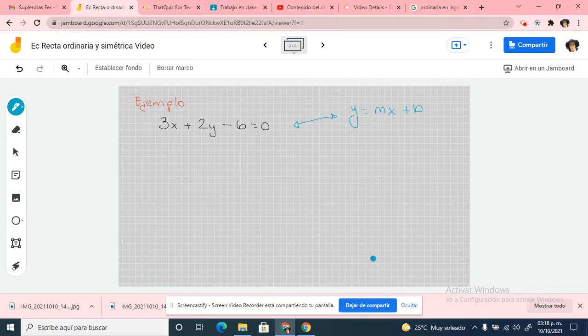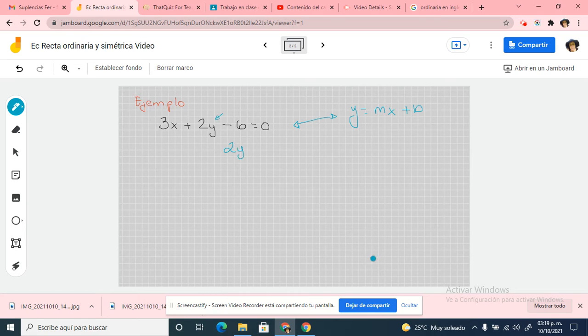Okay, as you can see, this one is y equals something times x plus something else, so that means we have to only clear y. And y will always have to be positive. So in this case, as this one is positive, I will move the minus 6 and the 3x to the other side.